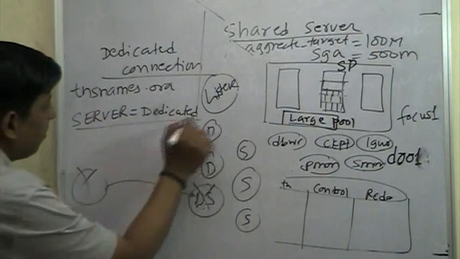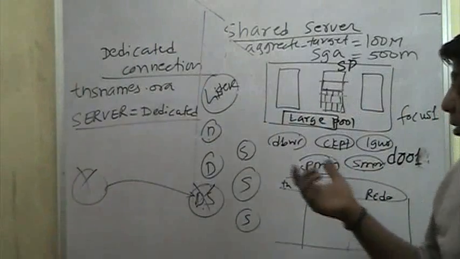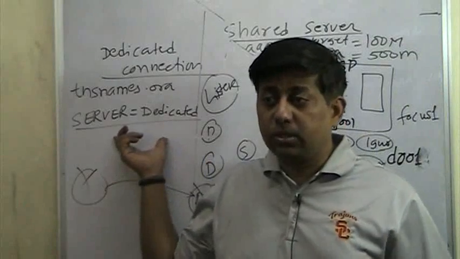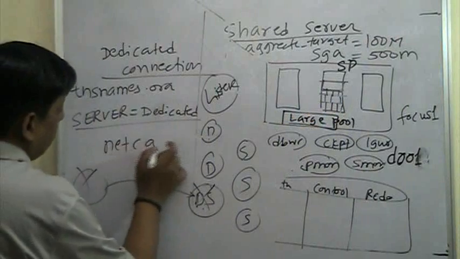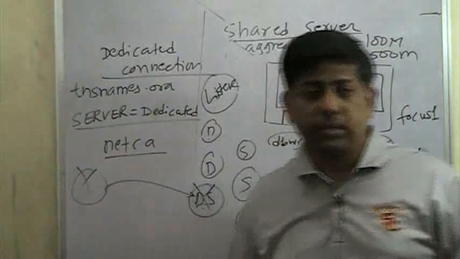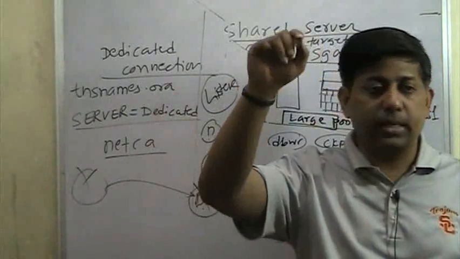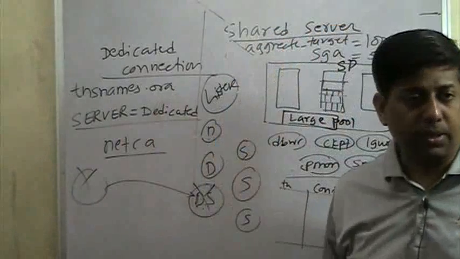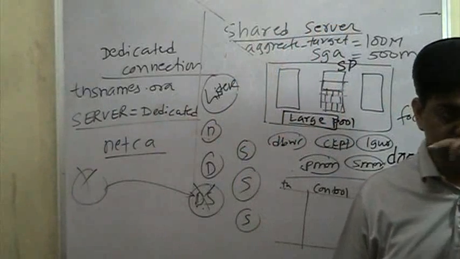This line has to be put in your tnsnames.ora file. If you don't know exactly where to put this line, then I would suggest using NetCA. NetCA is the client tool which will allow you to configure the tnsnames.ora file, and it will ask whether you want a dedicated server connection or shared server connection. That is where you specify SERVER equal to DEDICATED.